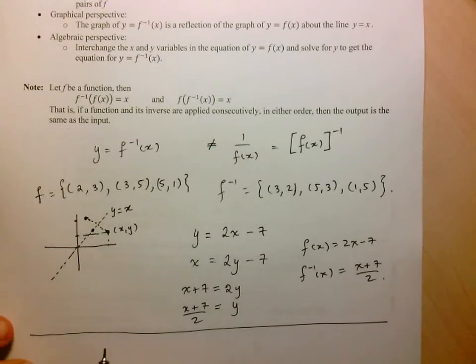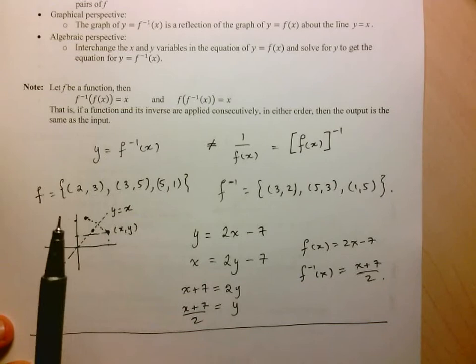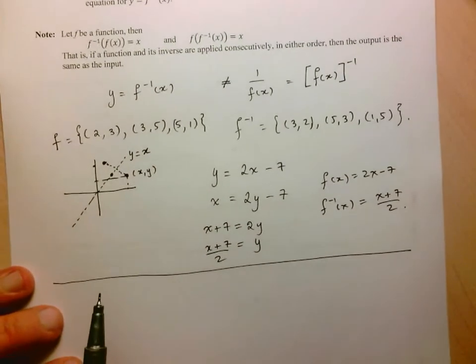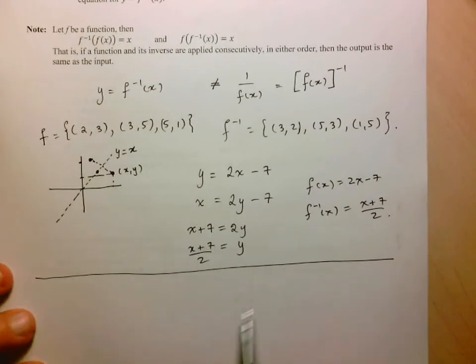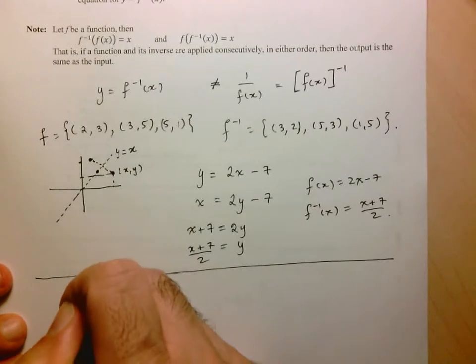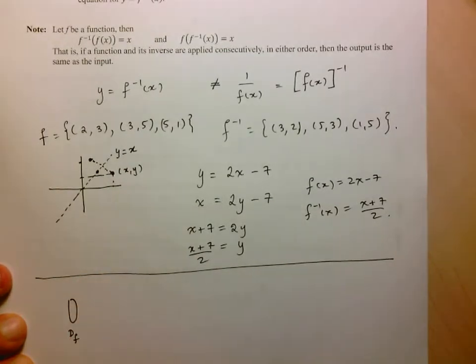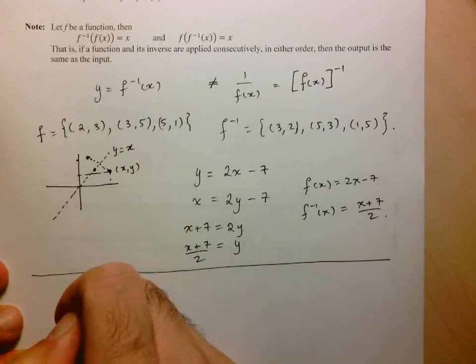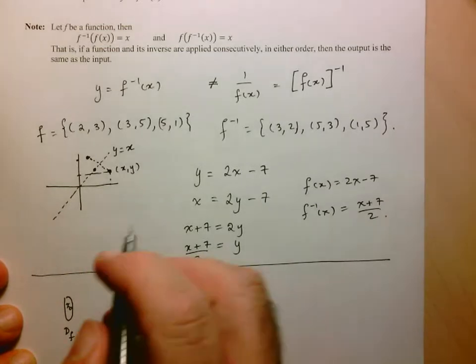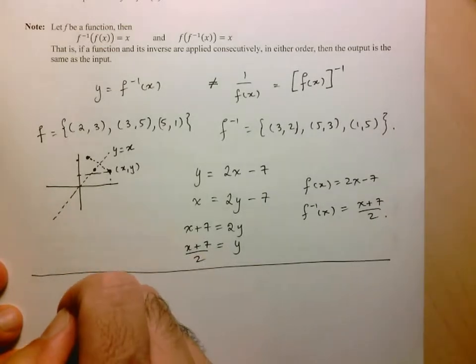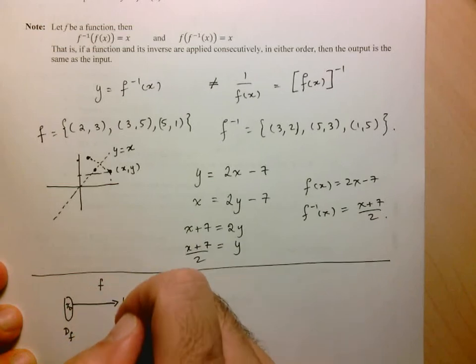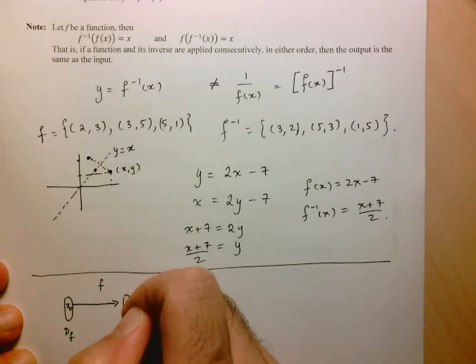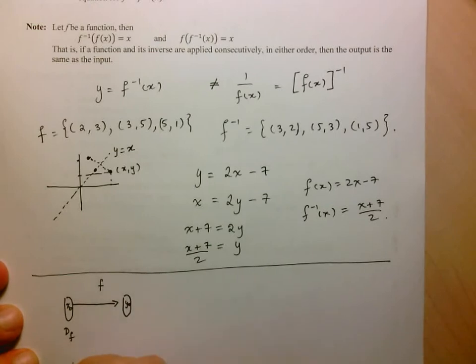The last thing I want to talk about, and this concept is going to become important in a little bit, is this idea of applying one function after another. If this represents the domain of my function f, and let's say I take an input x naught, what the function f does is it assigns this to y naught. That means that the point (x naught, y naught) is on f.